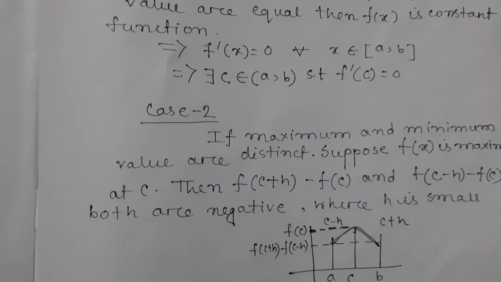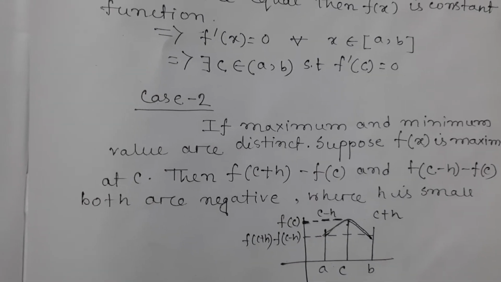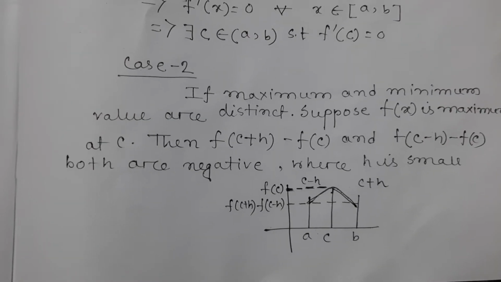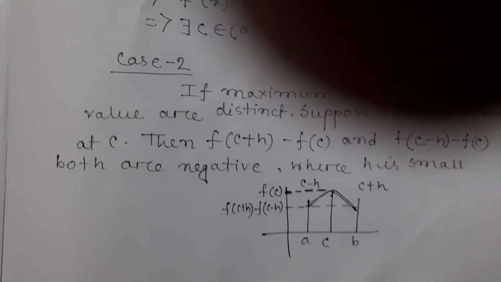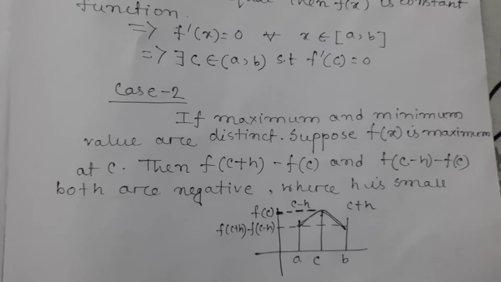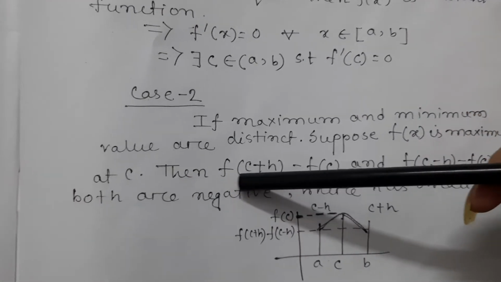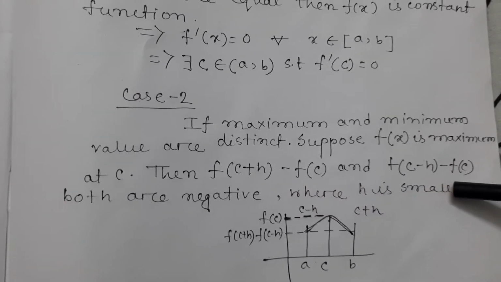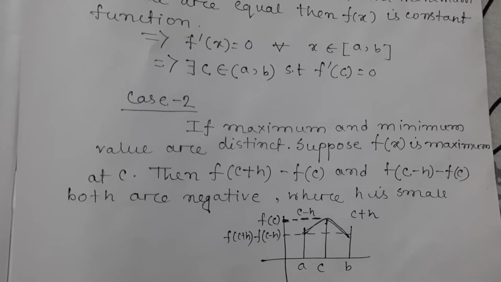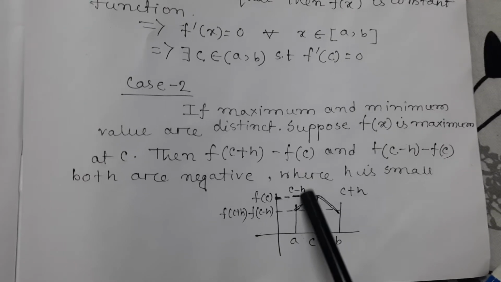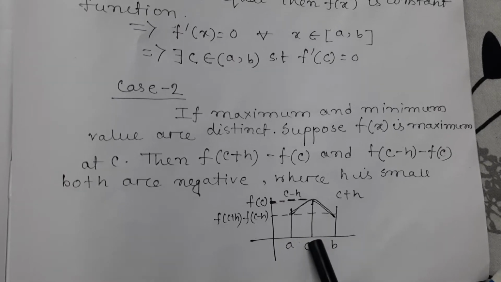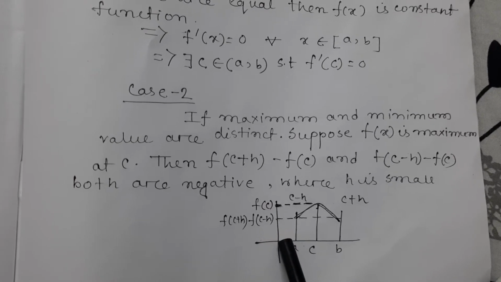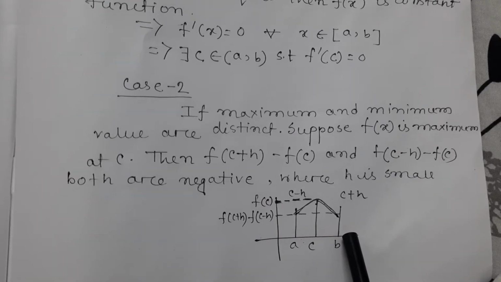After that, case number 2, when they are not the same: if the maximum and minimum values are distinct. Suppose f(x) is maximum at c. Then f(c+h) minus f(c) and f(c-h) minus f(c) both are negative. Just see here, point a, point b, and here c is our maximum point.